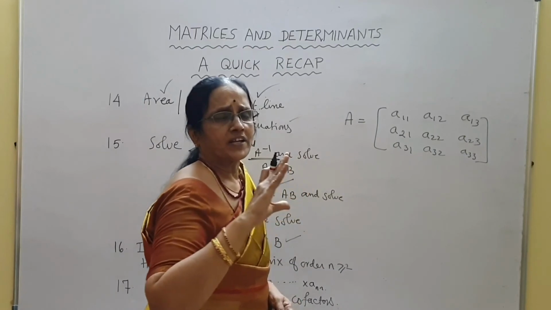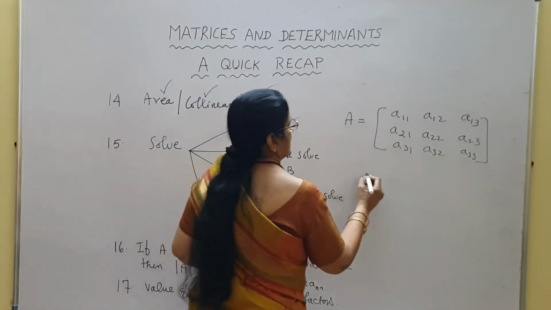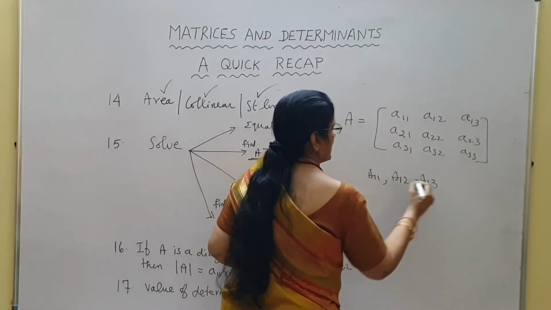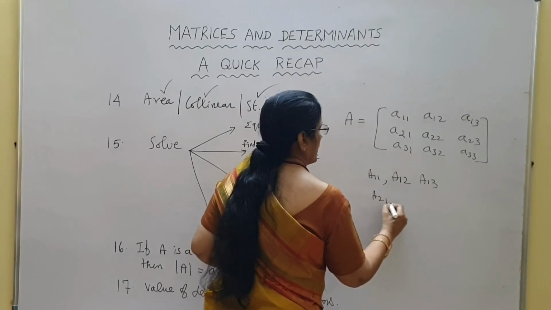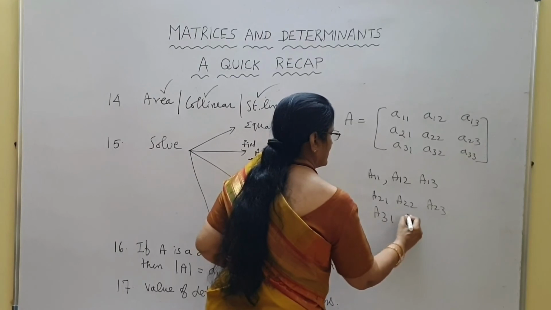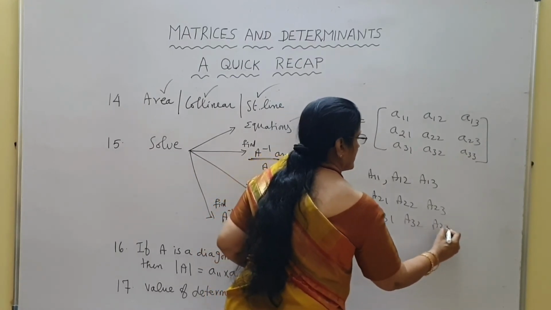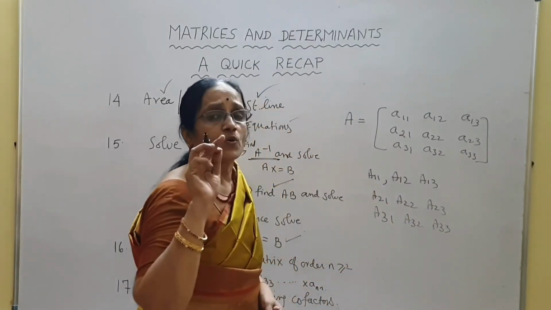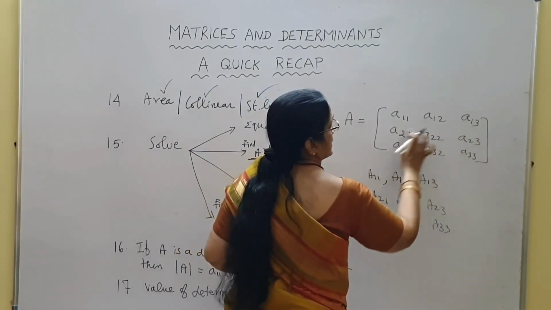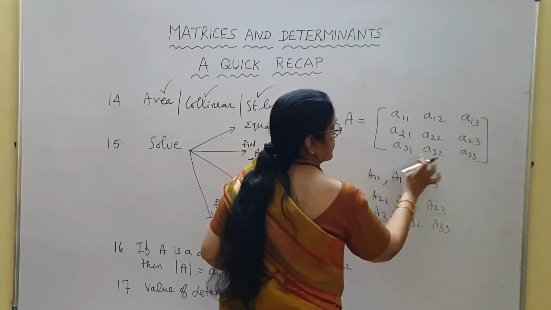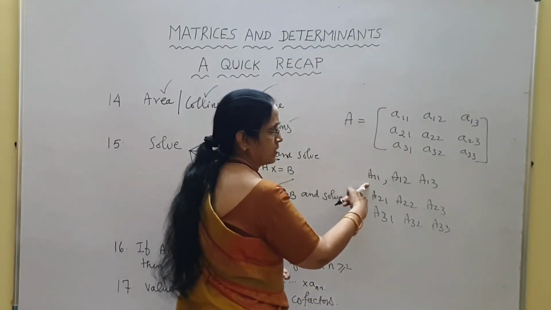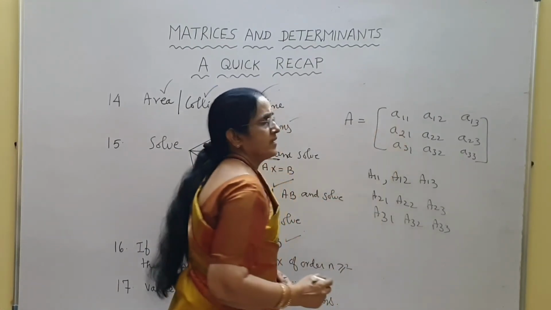If the corresponding cofactor elements are capital A11, A12, A13, A21, A22, A23, A31, A32, A33, these are the corresponding cofactors of the elements a11, a12, a13, a21, a22, a23, a31, a32, a33. Or in other words, capital A11 is the cofactor of small a11.